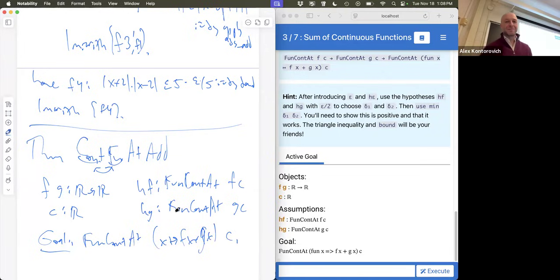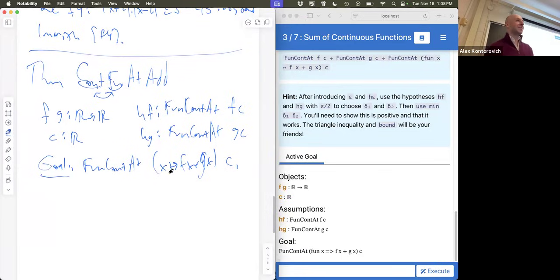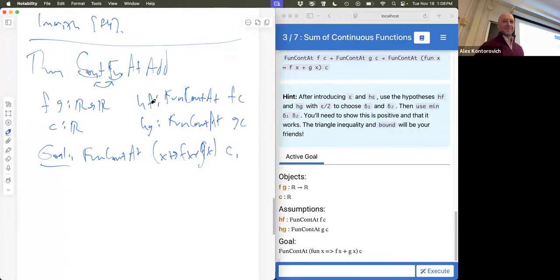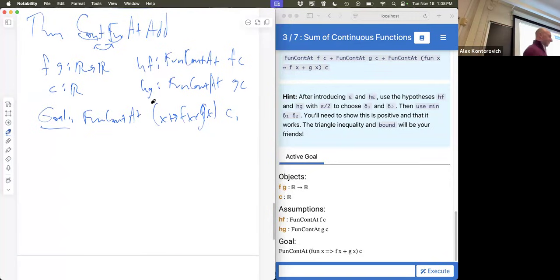Okay, take 45 seconds and prove this for yourself. Using natural language? Sure, do it in natural language. And if you need a hint, let me know.